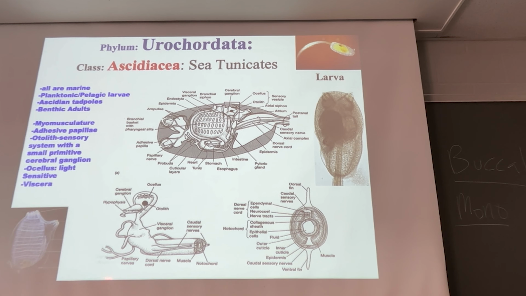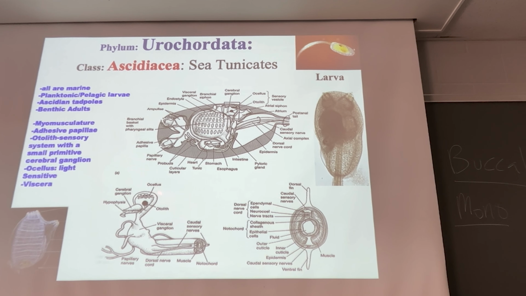If I blow it up, this is a blow up kind of their central nervous system. So here's the cerebral ganglion right here. There's also a little nervous tissue that forms a little sac up here that is kind of membranous. And then you can see there's another ganglion down here called the visceral ganglion that controls the digestive tract. And then notice this continues on as the dorsal nerve cord, right, which will sit on top of the notochord.